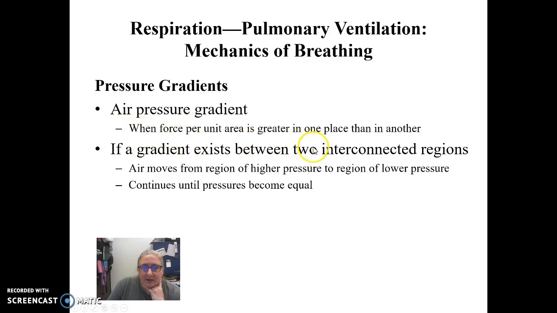Atmospheric pressure is about 760 millimeters of mercury. And so we need to decrease the pressure in our lungs so that it's lower than 760 millimeters of mercury so that we can pull air in.